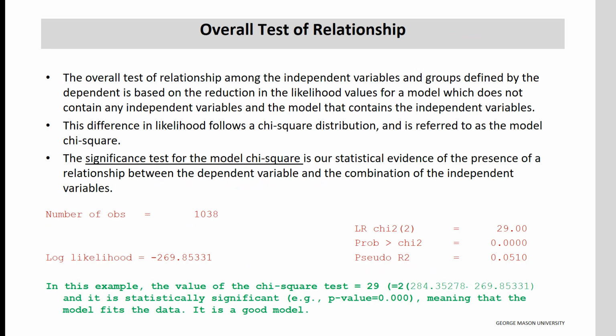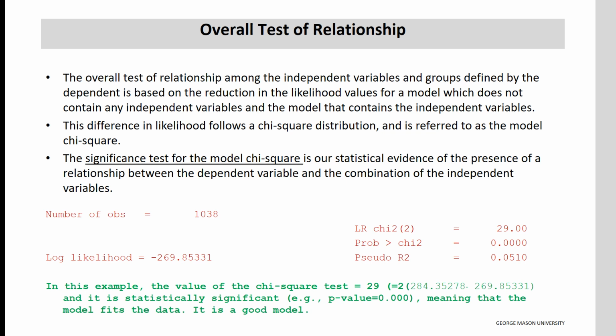The overall test of relationship between the independent variables and groups defined by the dependent is based on the reduction in the likelihood values between a model which does not contain any independent variables and the model that contains the independent variables. This difference in likelihood follows a chi-square distribution, and it is referred to as the model chi-square.